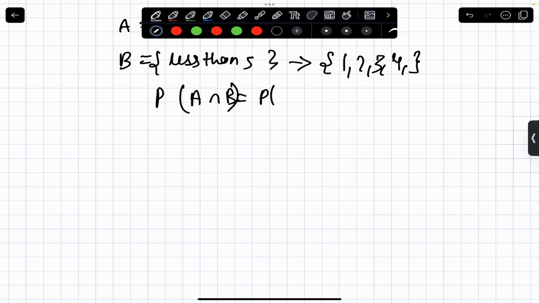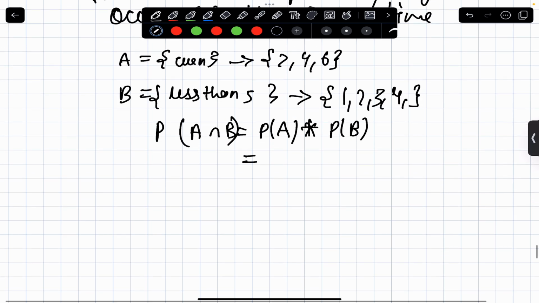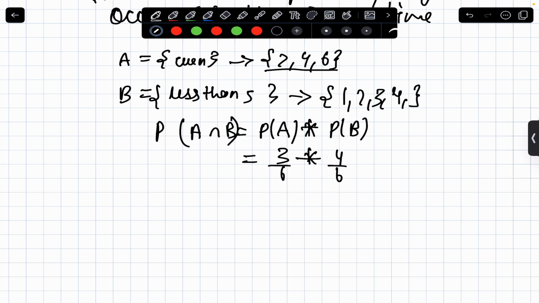It is the probability of A times the probability of B. What is the probability of A? 3 by 6, into the probability of B, 4 by 6. And if these events are mutually exclusive, then they cannot occur at the same time.